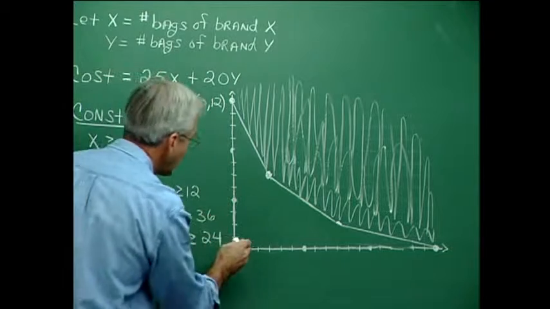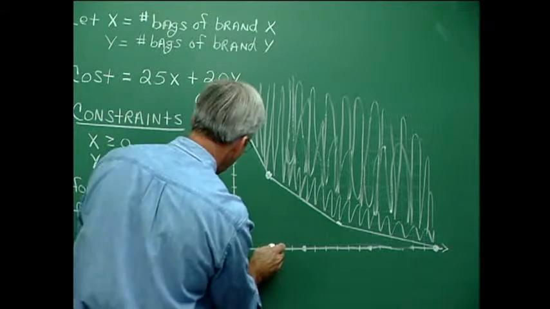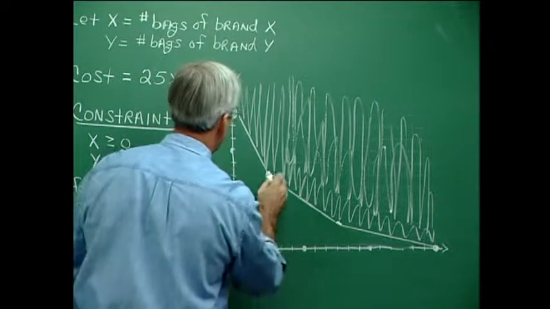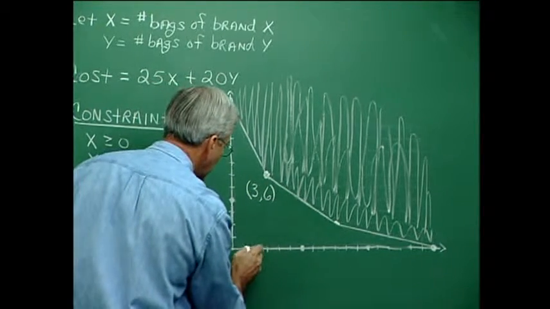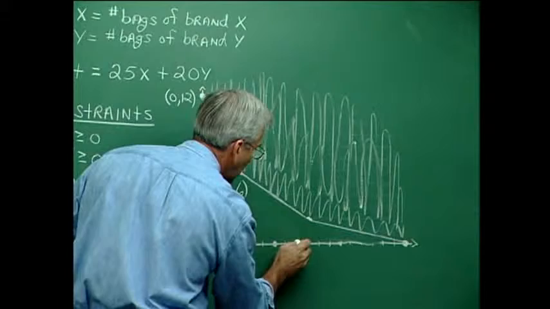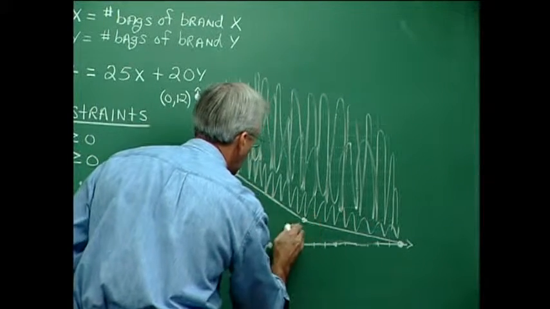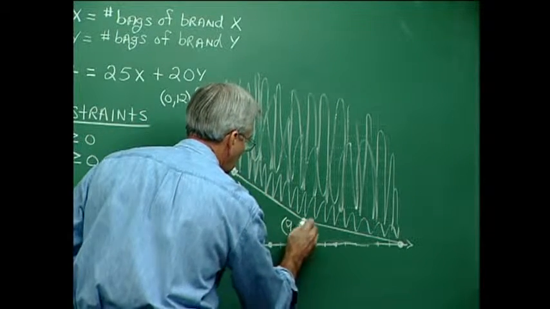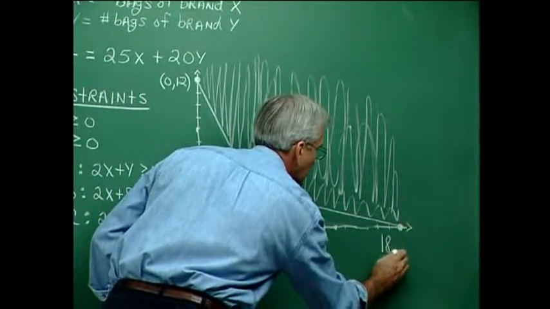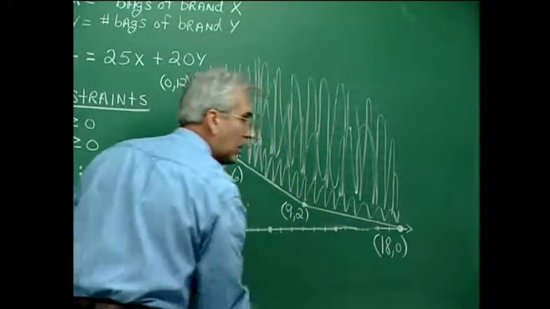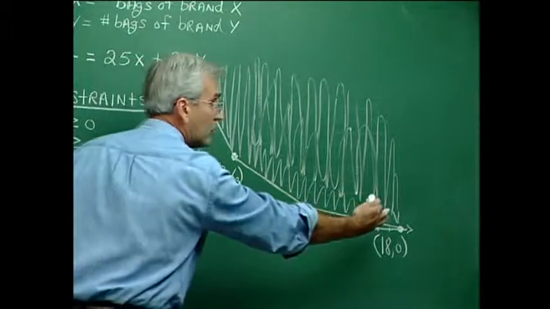We have another vertex point at 3, 6. We have another one at 9, 2. And another one at 18, 0. Okay, so that's our 4 vertex points.